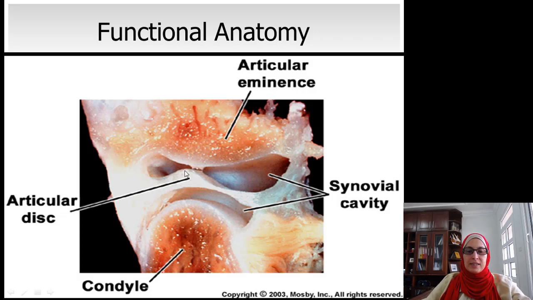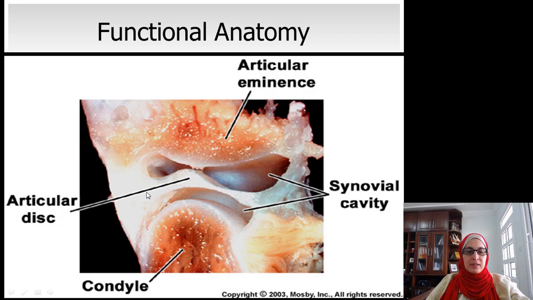If we look in more detail at the structure of the jaw, you can see that this is the condyle, and this is the articular eminence, and between them, to make the movement smooth, we have a shock absorber, which we call the articular disc.